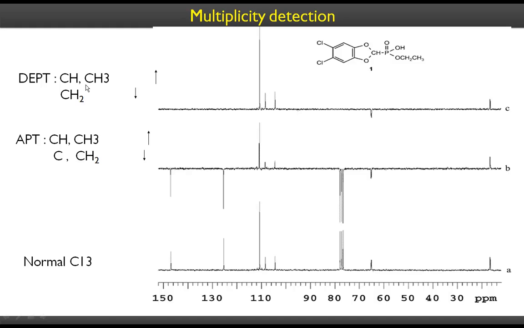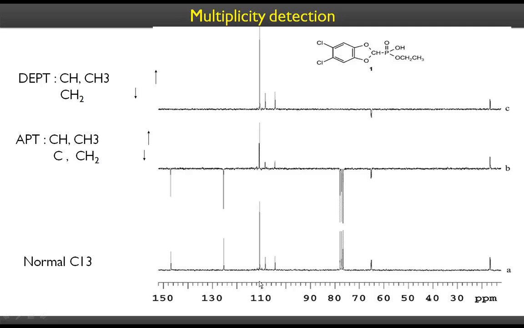Anyhow, what is the summary of the discussion? Methyls and methynes go up in the DEPT 135. Methylenes go down as negative peaks, and APT shows all of them. Again, methyls and methynes give positive peaks, quaternary carbons and methylenes give negative peaks, and normal C13 NMR gives all the peaks. So depending upon the need, if you really bother about the type of carbons, you collect either DEPT or APT.